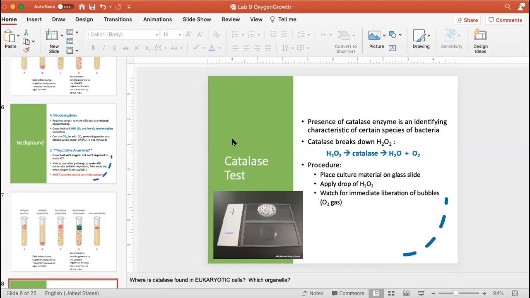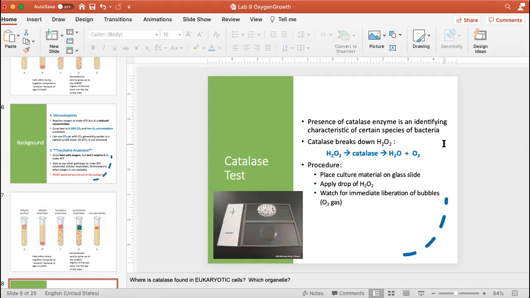All right, we're going to switch gears here for a minute and talk about the catalase test. Remember, we said depending on which oxygen requirement group a bacterium falls into, it may or may not have catalase available. We expect to see the catalase enzyme inside the cells of any organism that requires oxygen to make ATP.